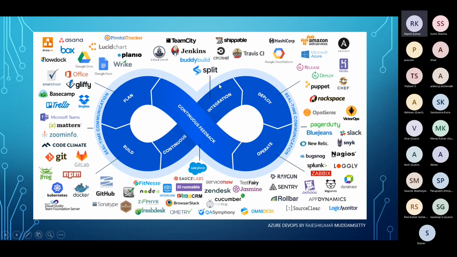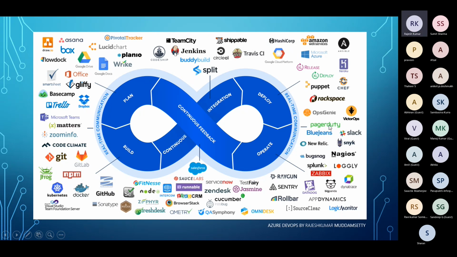Then deploy. You decide where you are going to deploy, whether Google Cloud or Microsoft Azure, and how, using Ansible, Puppet, Chef. Then once deploy is done, you want to operate and monitor how this is running. Splunk is a monitoring system, along with Datadog, Dynatrace, AppDynamics.